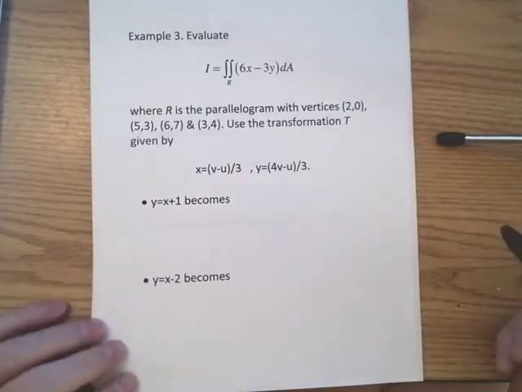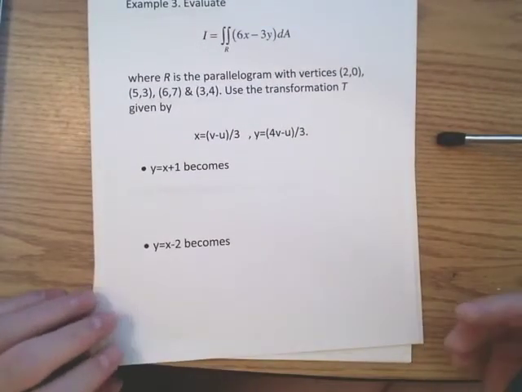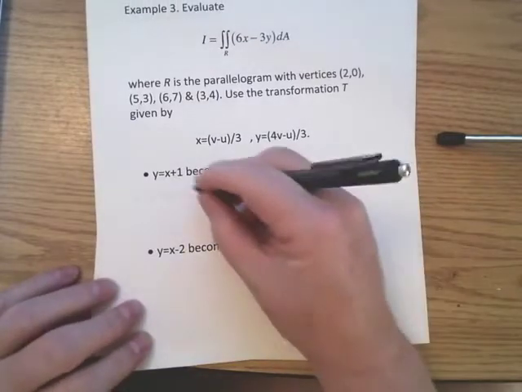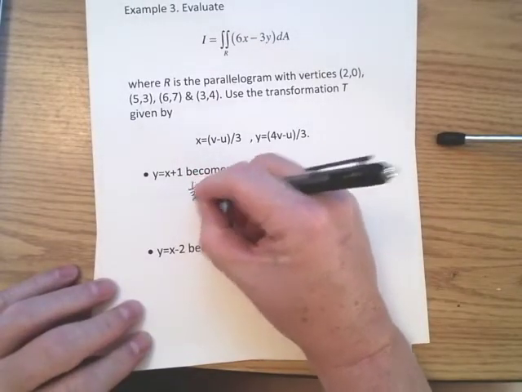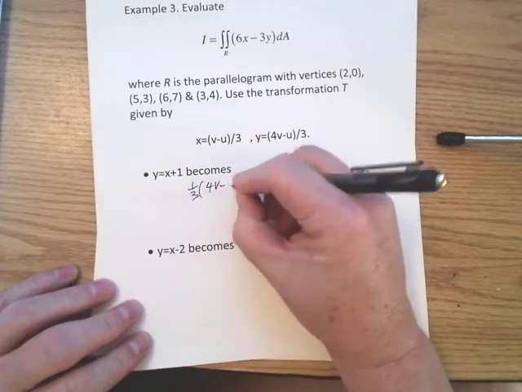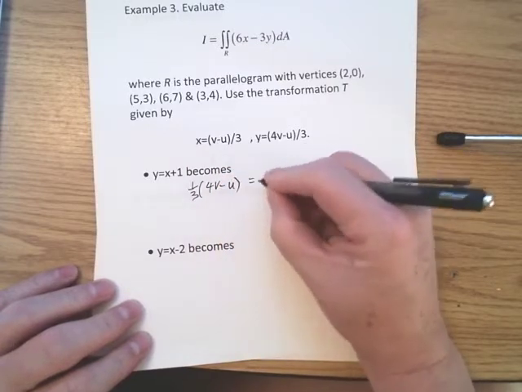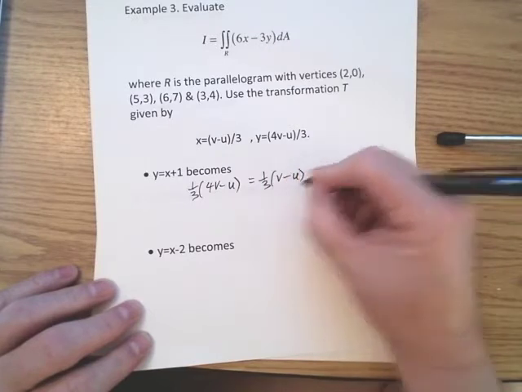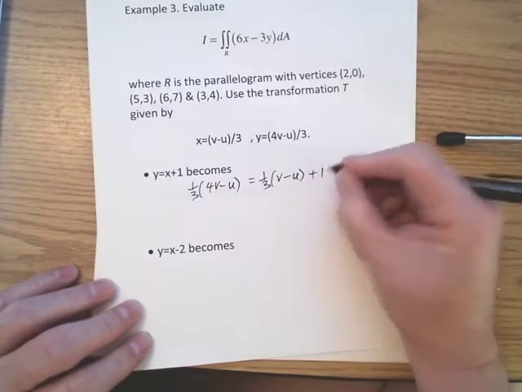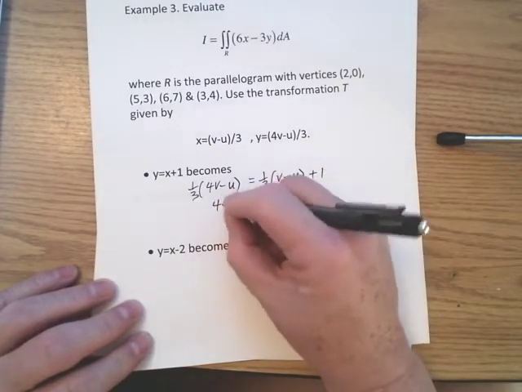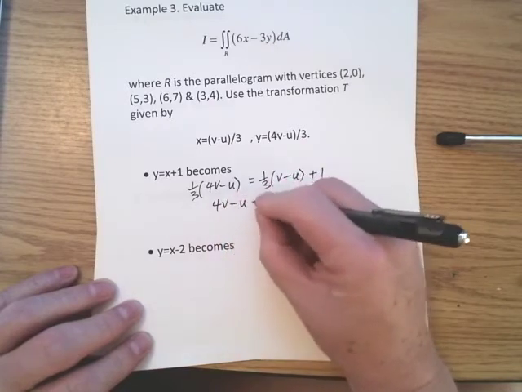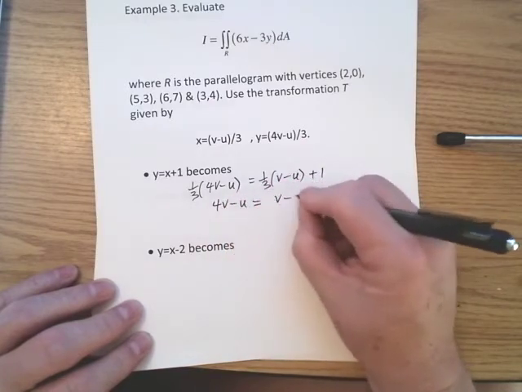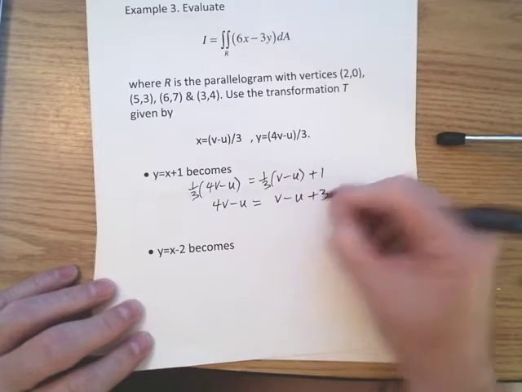If we've got y equals x plus 1, this becomes 1/3 (4v minus u) equals 1/3 (v minus u) plus 1. Multiplying through by 3, 4v minus u equals v minus u plus 3.